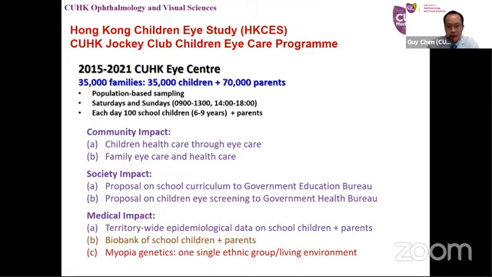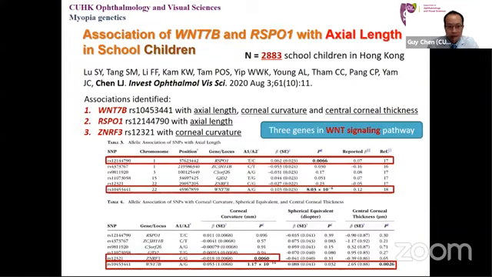Since 2015, we have been conducting the Hong Kong Children Eye Study, and up to now, we have screened and recruited over 35,000 children and their parents with DNA samples collected for genetic analysis. We first identified that SNPs in the WNT7B and RSPO1 genes were associated with axial length in children.